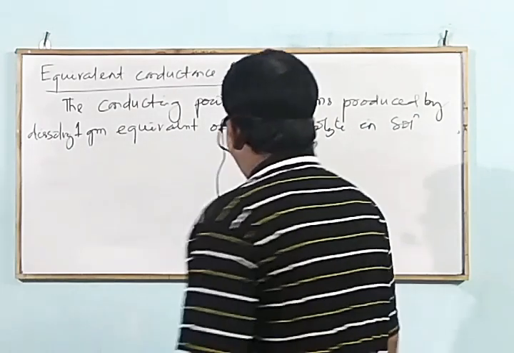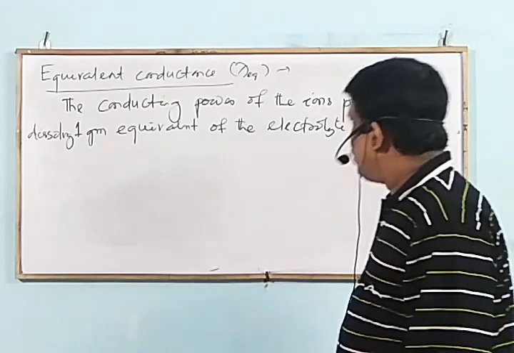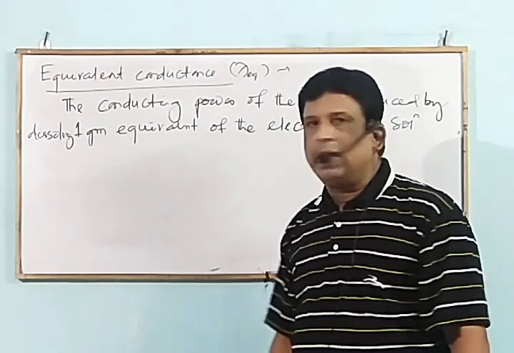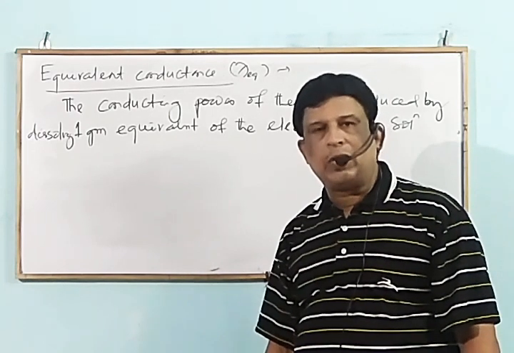Mark that. Equivalent conductance is defined as the conducting power of all the ions produced by dissolving 1 gram equivalent of the electrolyte.